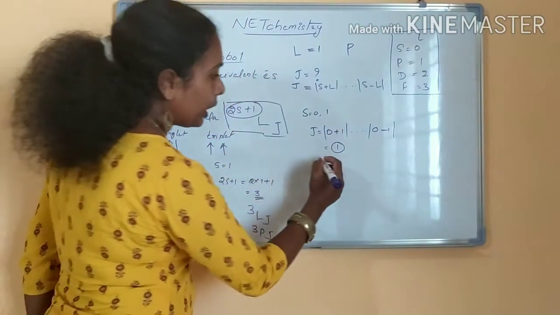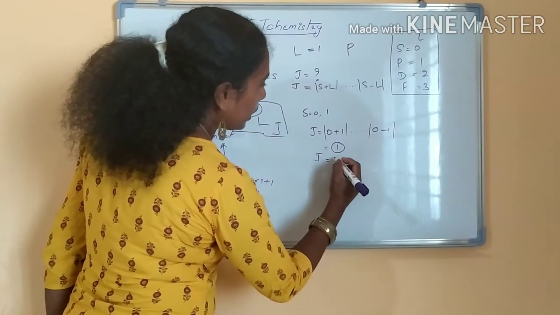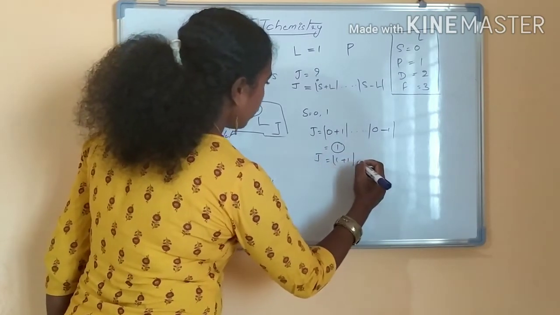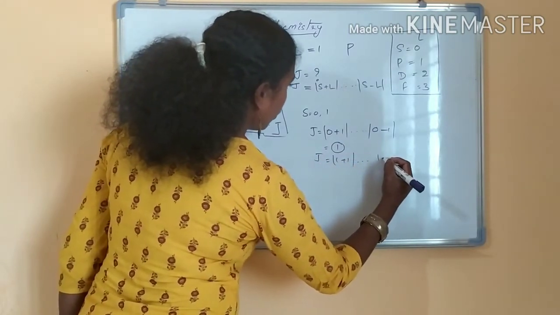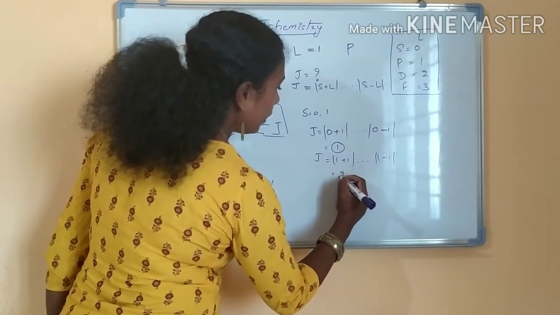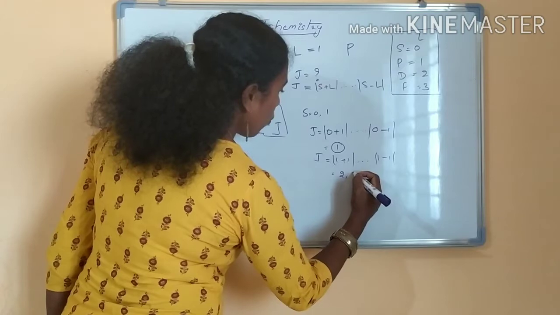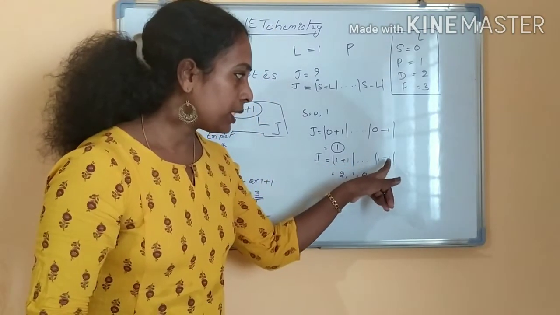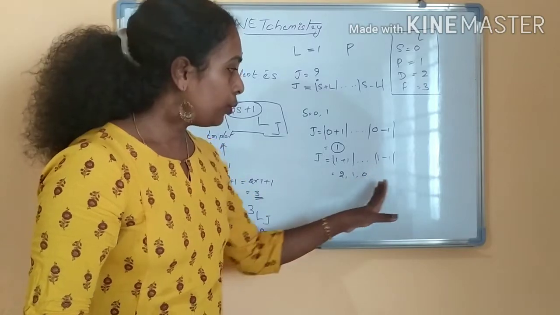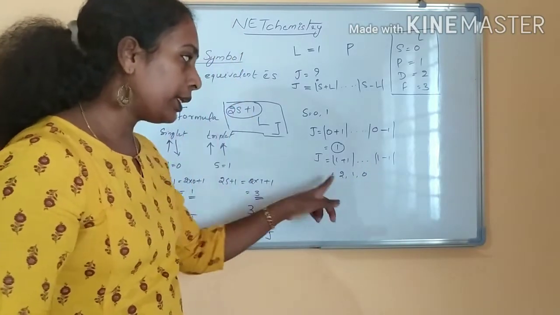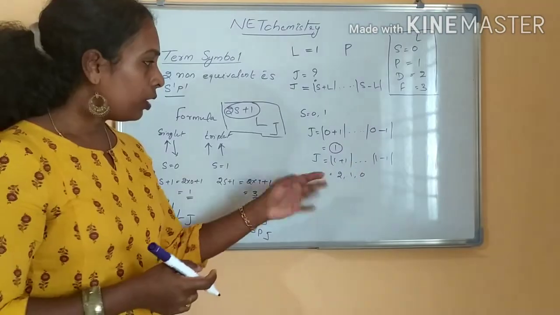J equal to 1, and the next condition, S is equal to 1, J is equal to 1 plus 1 to 1 minus 1. What will you get? 2, 1, 0, right? 1 plus 1 is 2, 1 minus 1 is 0, right? So you will be getting 2, 1 and 0.